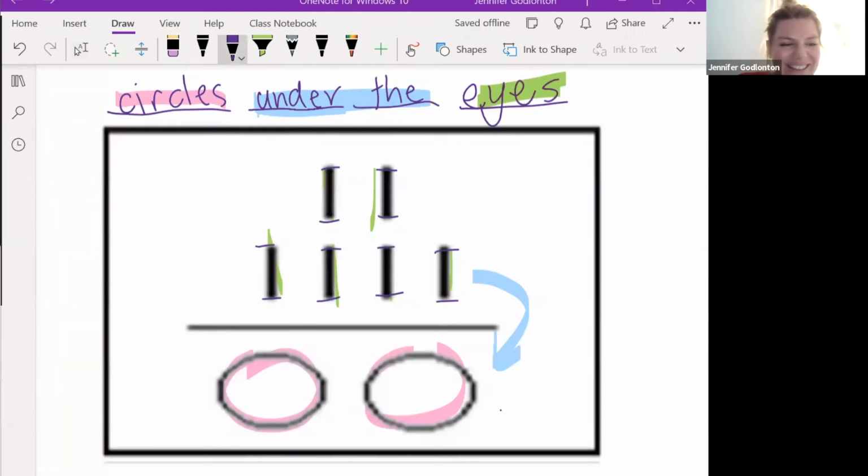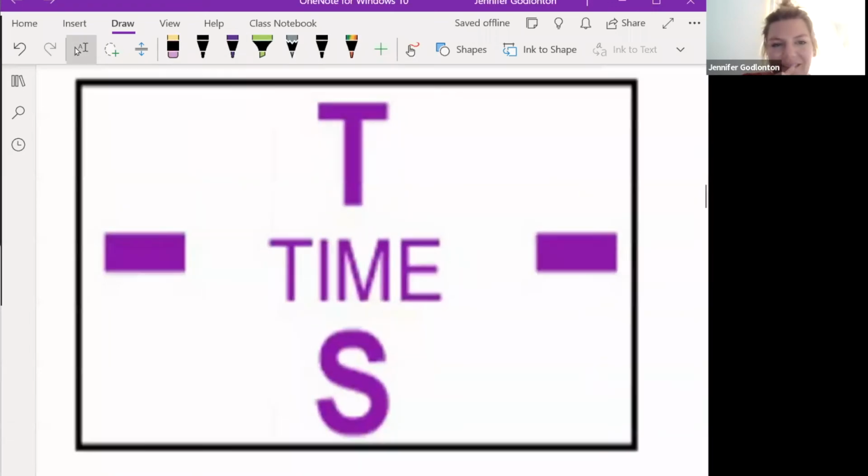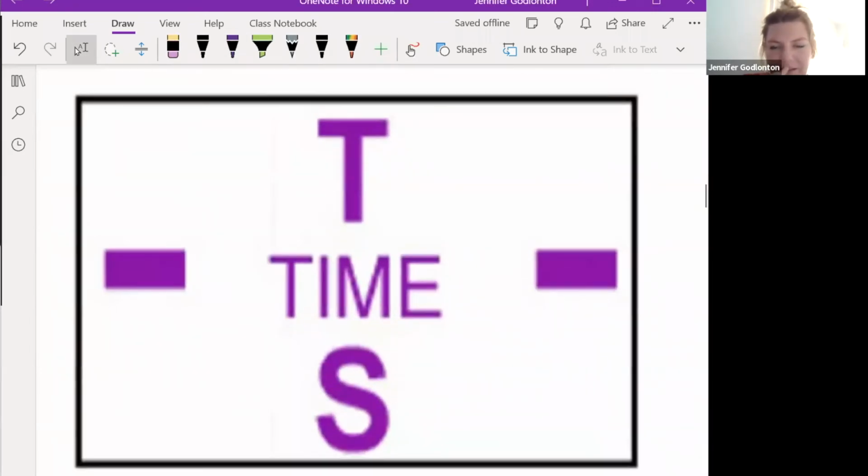Okay, let's try one more. This one you should be able to get quickly. It's 3 words that I'm looking for. Think about if someone was late and then finally arrived.